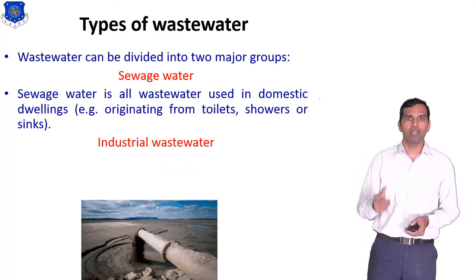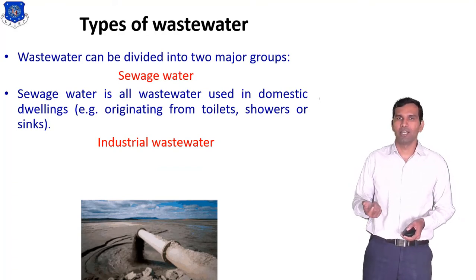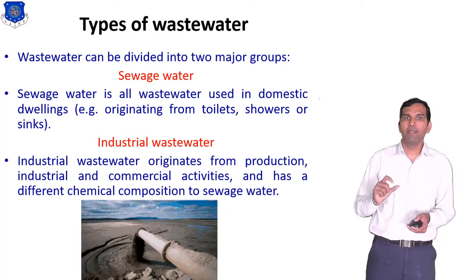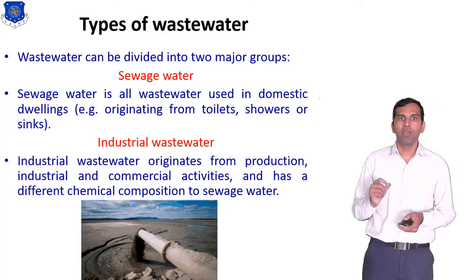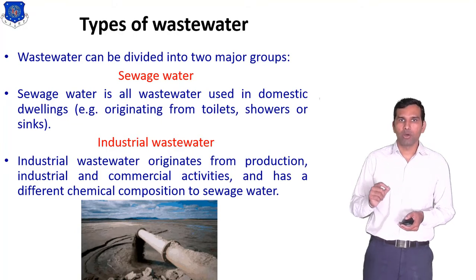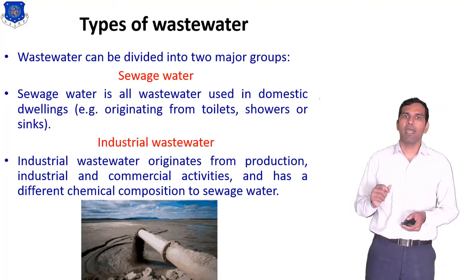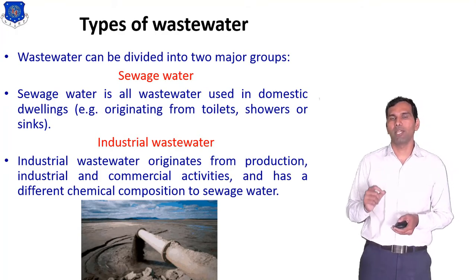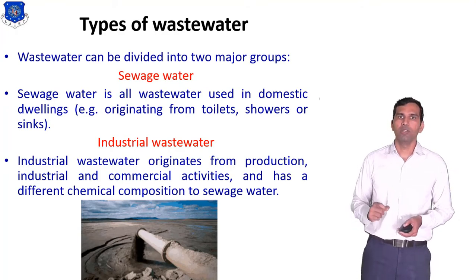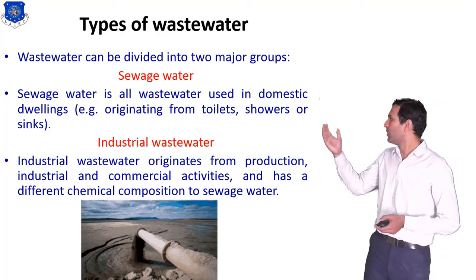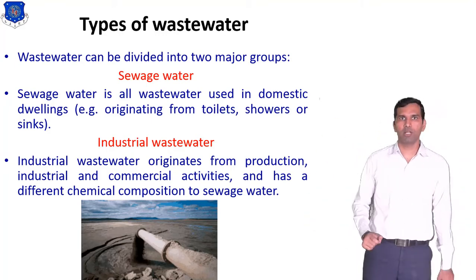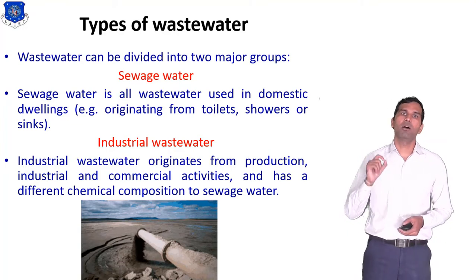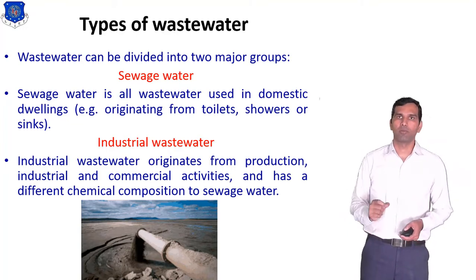After reading, you can understand what industrial wastewater is: it originates from production, industrial and commercial activities and has a different chemical composition to sewage water. So these are the types of wastewater.